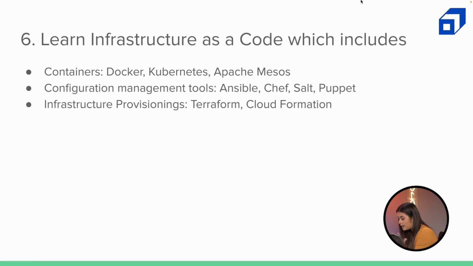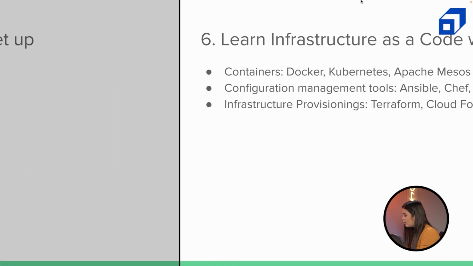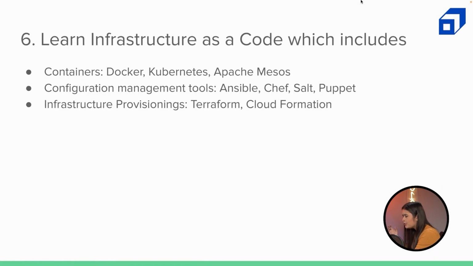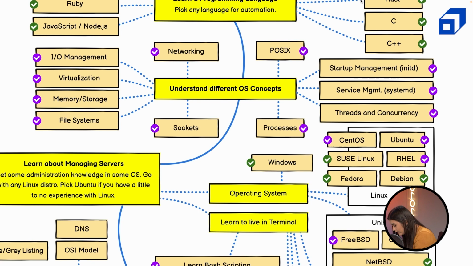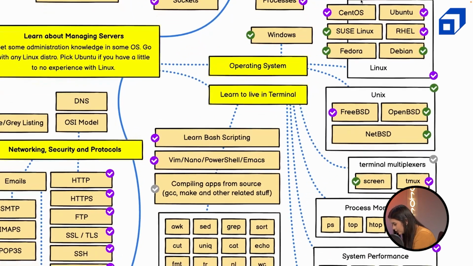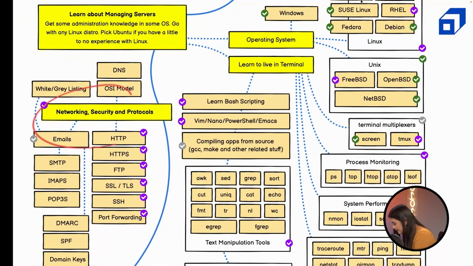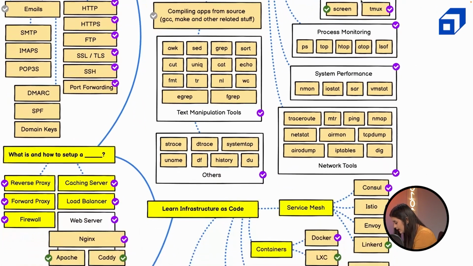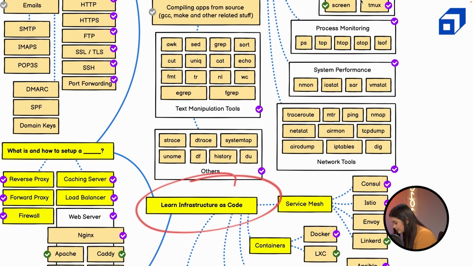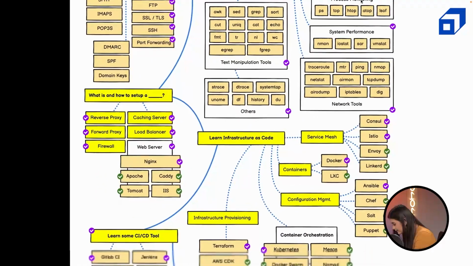That's why I'm covering all these steps here, after networking and security concepts. You have to obviously start with a programming language. This is step number 6, infrastructure as code, which is written here as well. After operating system, you have to understand networking, security protocols, and moving ahead, learning infrastructure as code is the very next step.